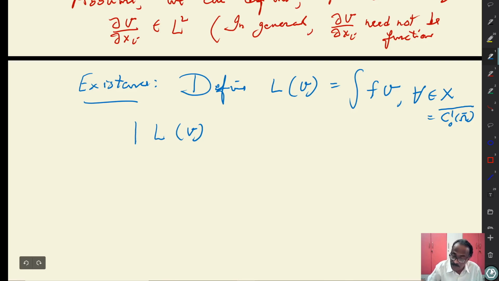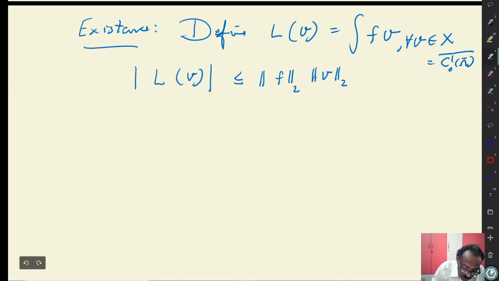Apply the Cauchy-Schwarz inequality: it is bounded by norm F in L2 and norm V in L2. But you want to see that it is a bounded linear functional.